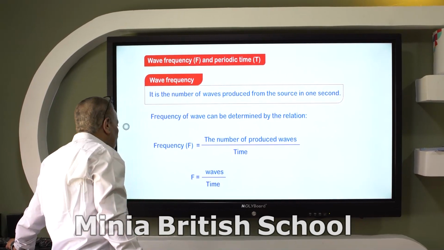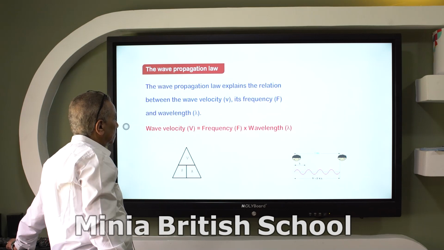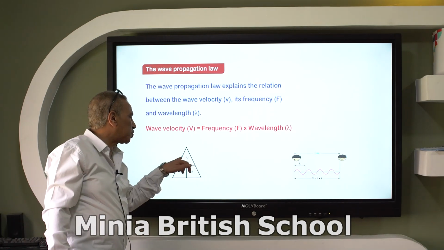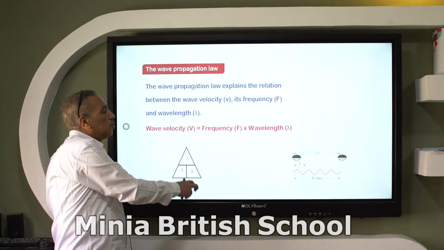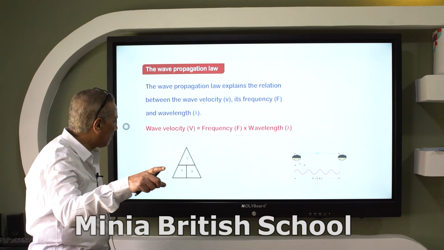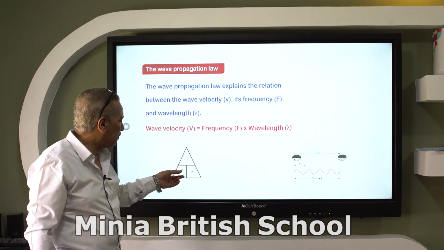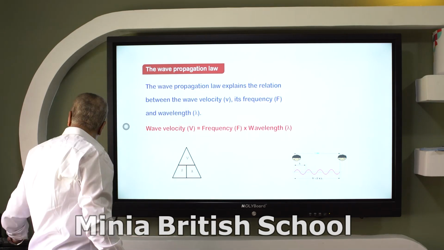The most important one is that the velocity of the wave is equal to the frequency times the wavelength. This is the most important rule of them. So you have to know how to get from the drawing the value of the frequency and the value of the wavelength.